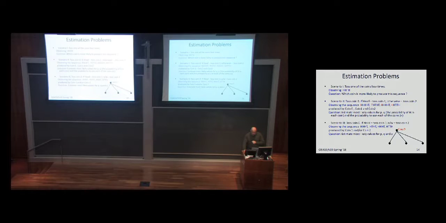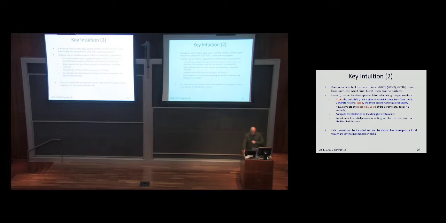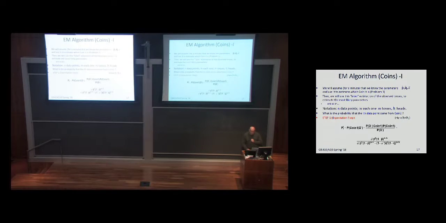Okay, just 1 second. So let's do 2 things here. Let's just think about this step, which is the easy step. In this case, you gave me the parameters of the model, the P, Q, and alpha.